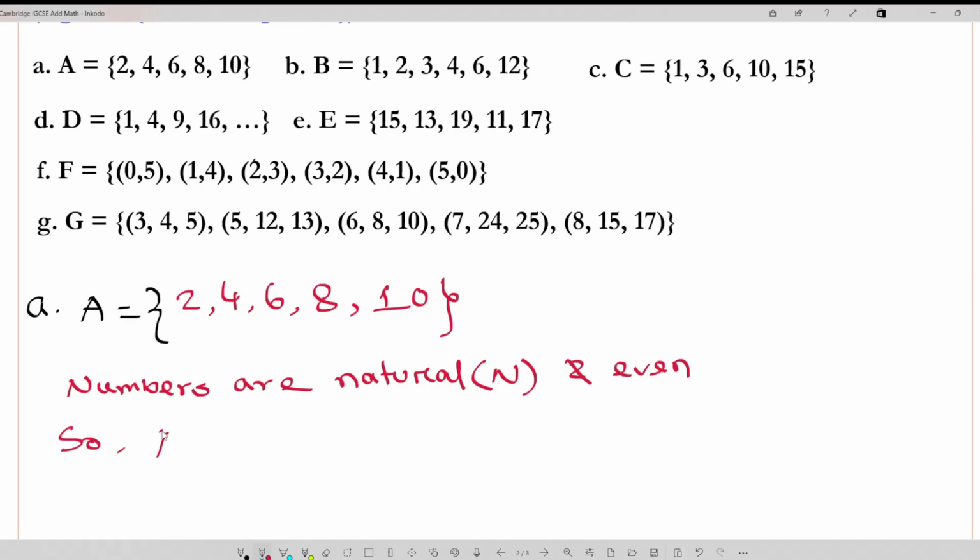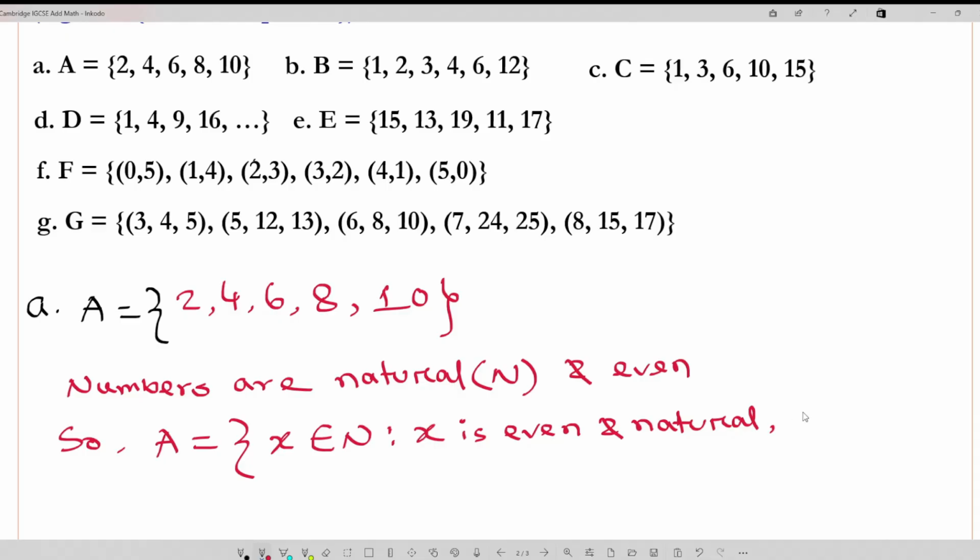So set A, we can write x element of N such that x is even and natural, and we can write x is greater than or equal to 2 and less than or equal to 10. Okay, so A is done.